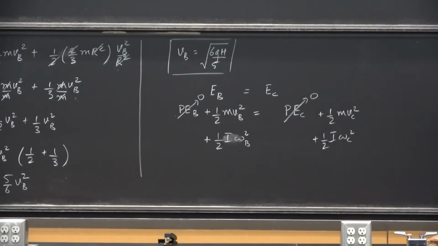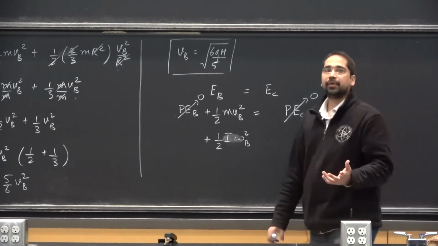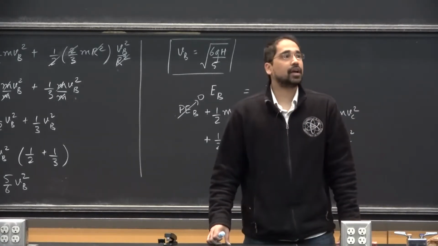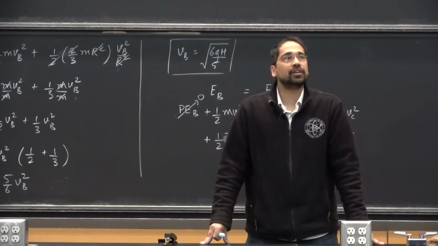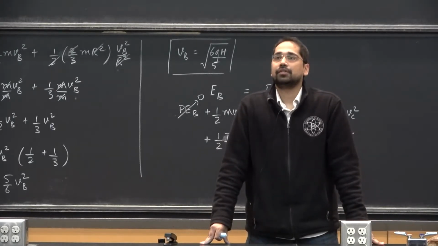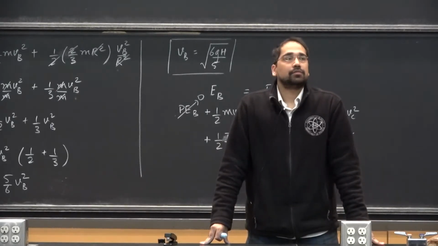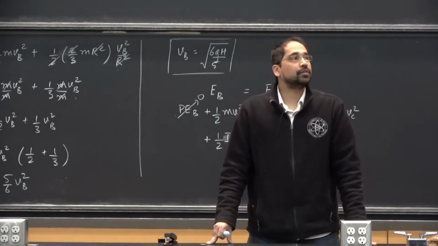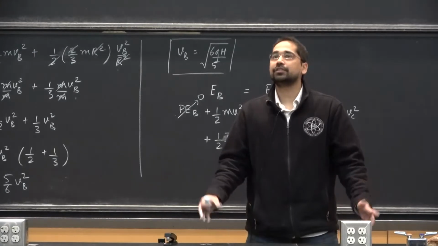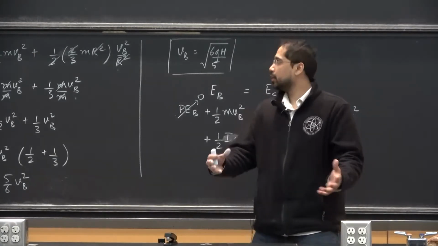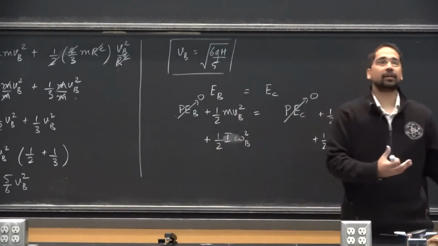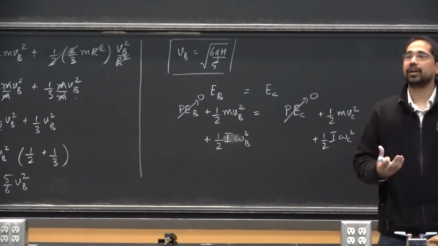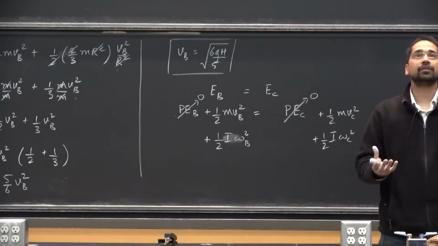All right. If there is no potential energy change between B and C, do I expect either the rotational speed or the linear speed to change? No, right? There is no energy being transferred back and forth. There is no height change. So it's going to be moving at C just the way it's moving at B. Is this okay?